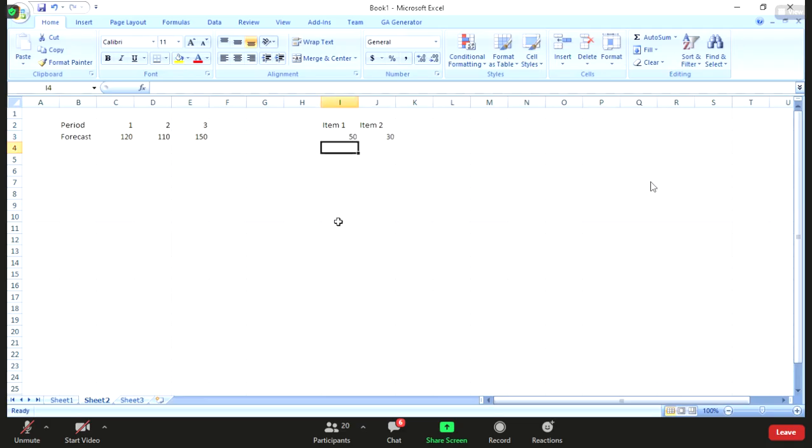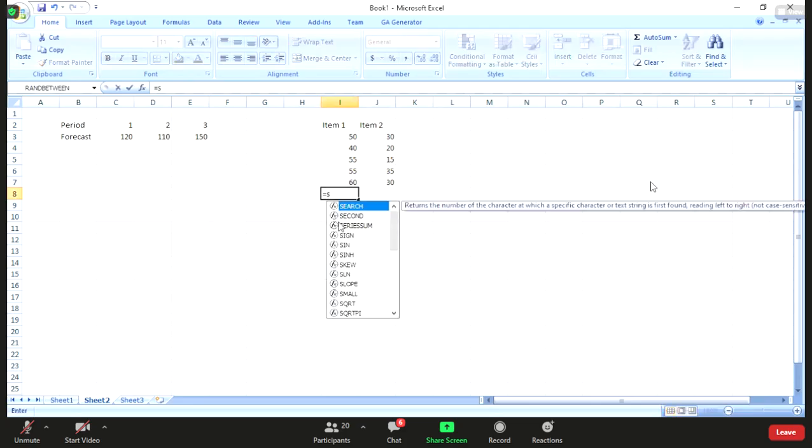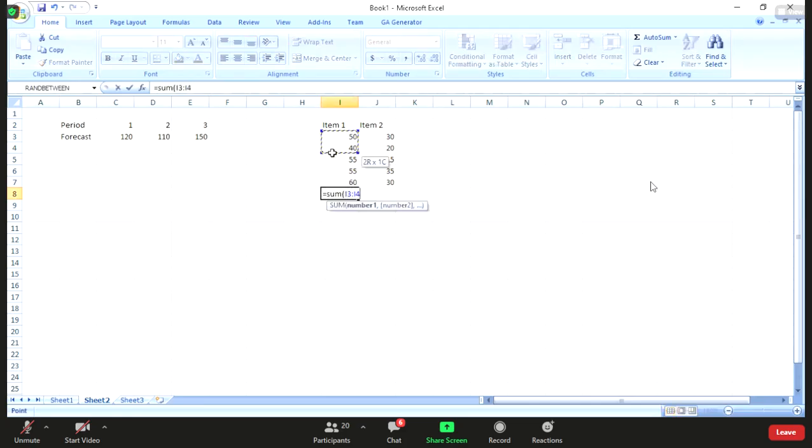Again, this is historical data, the data in the past. Let's say 40, and after that 20, and then 55, and then 15. Let's say there are 5 historical data: 55, then 35, then 60, and then 30. Then we can sum it, sum like this.